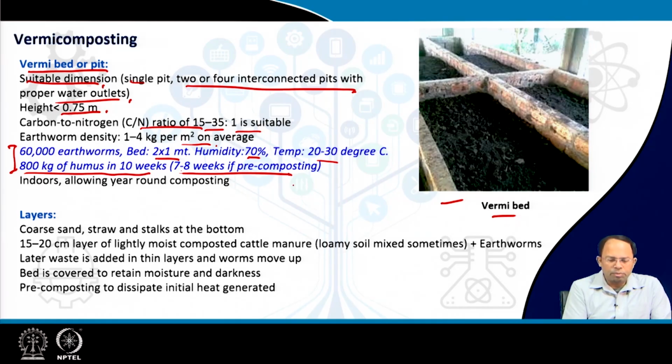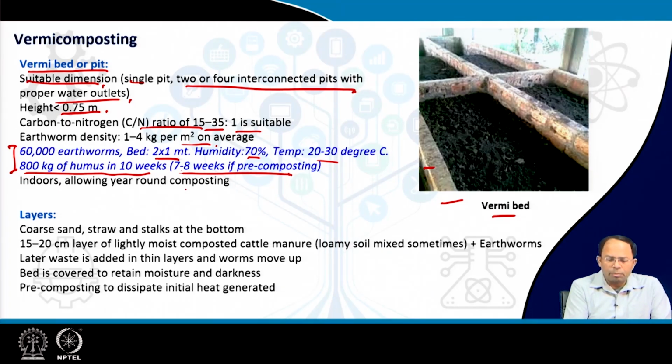Now, what is pre-composting? Initially we keep the organic garbage for 2 to 3 days in the form of piles or heaps, so that the initial phase of bacterial, microbial activity, which generates a lot of heat, is over. Once that phase is over, we put that compost into the pits so that the earthworms can act upon it.